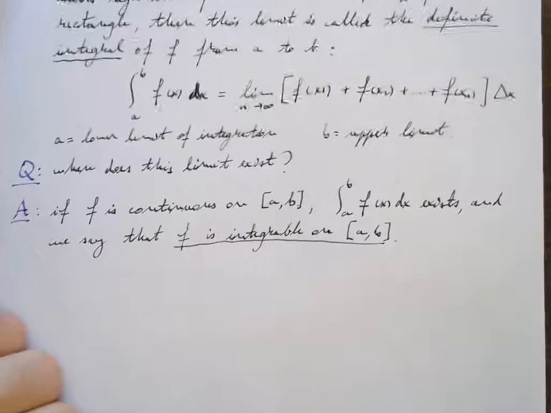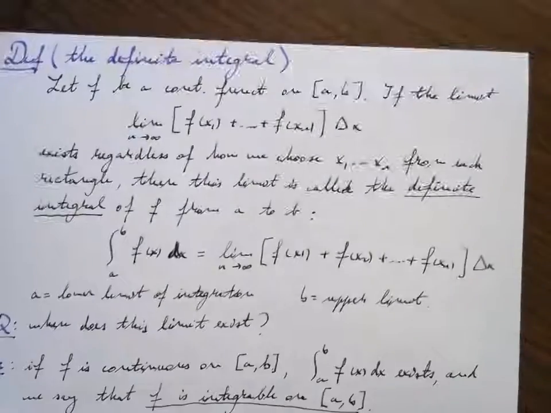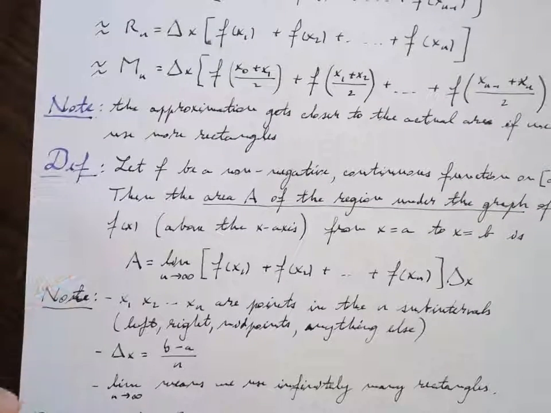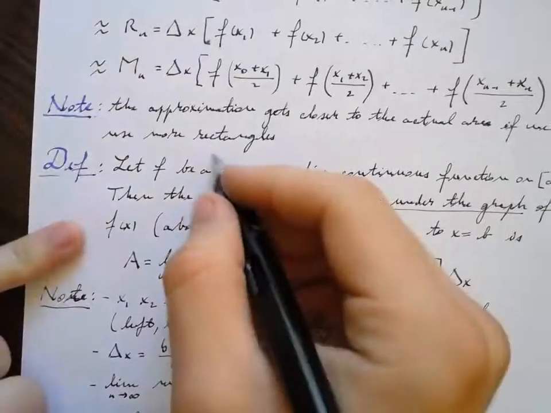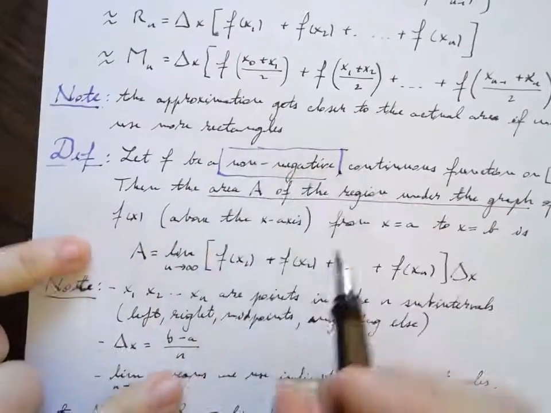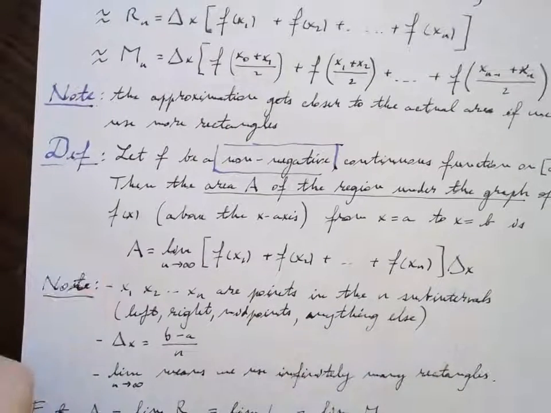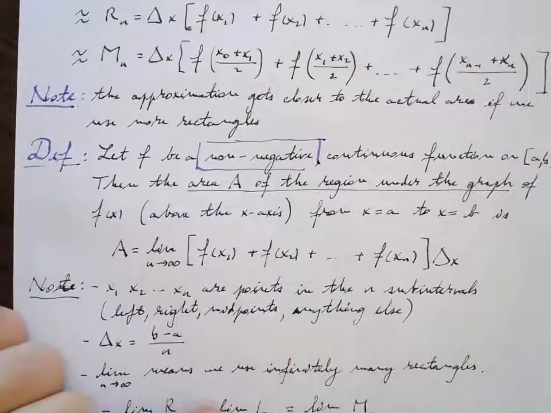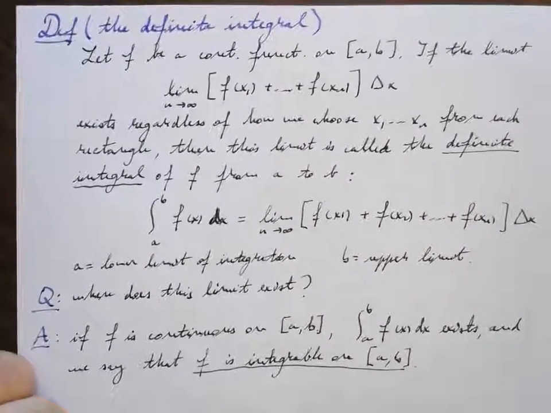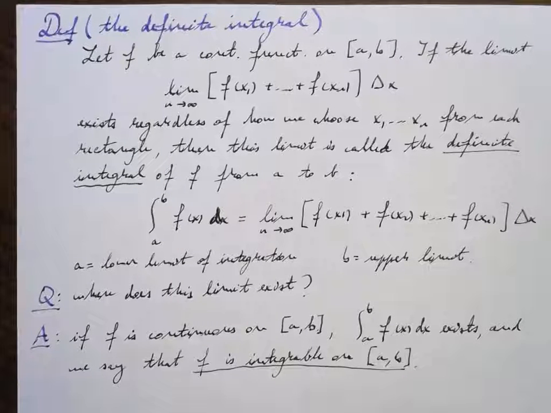So notice that on the previous page I first talked about non-negative functions, and I say that this limit is the area under the curve, the area under the graph. Over here, when I talked about the definition of the definite integral, I didn't specify that f has to be non-negative.